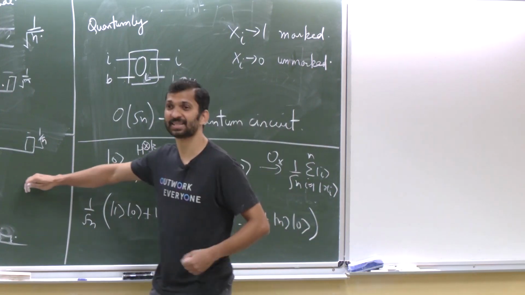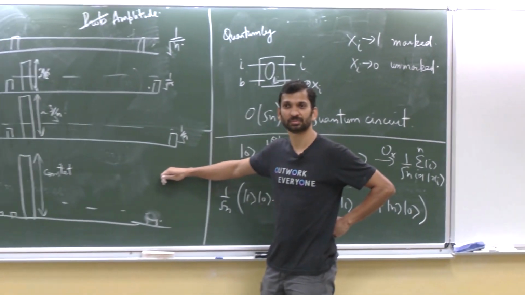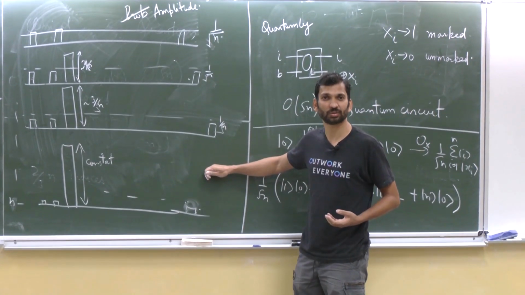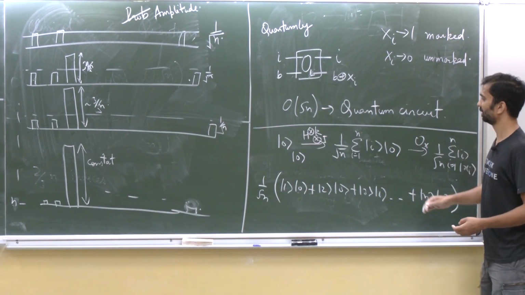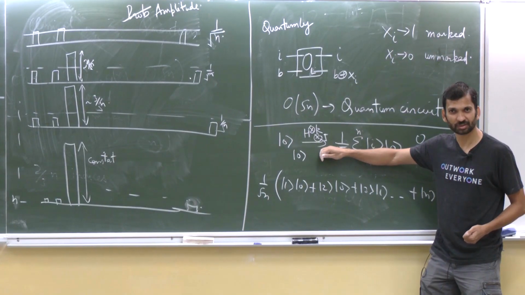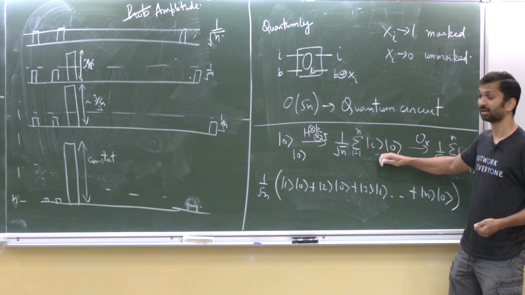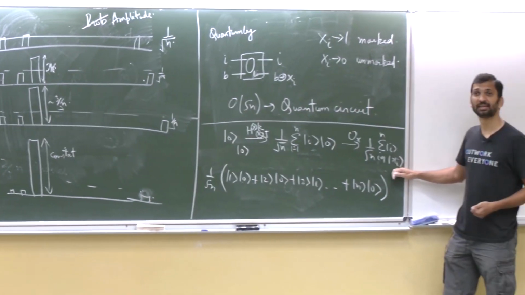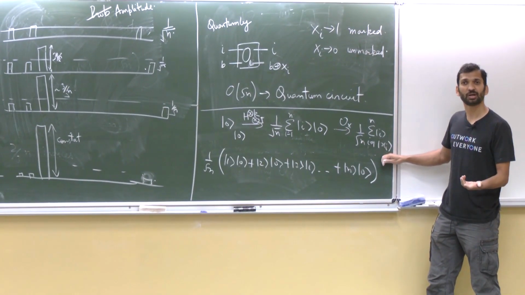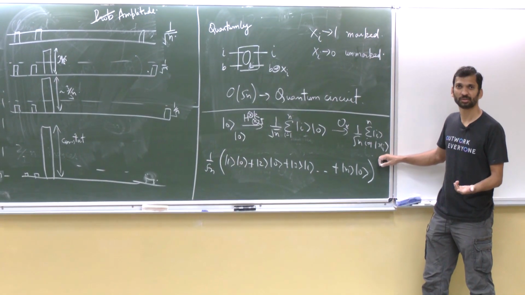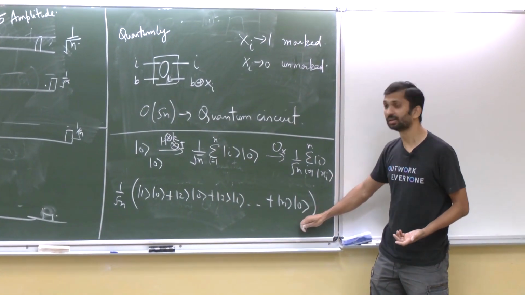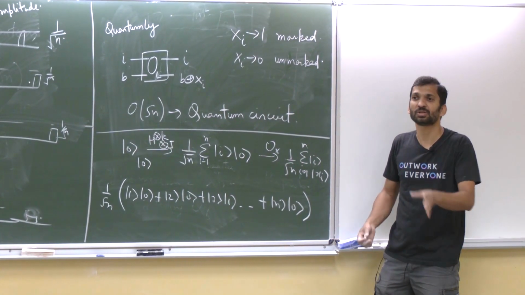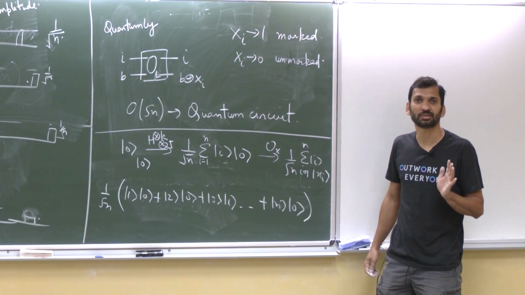That will be exactly this algorithm. This is just the quantum circuit for this dumb classical algorithm. Create an equal superposition, apply the oracle, see if you have a marked element or not. You will get the marked element with probability 1 by n. You can repeat it n times, your success probability will become constant.